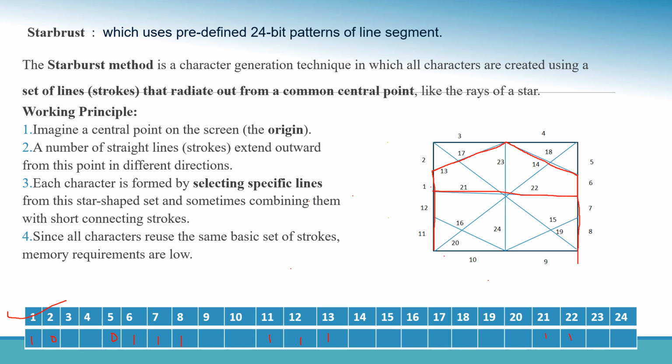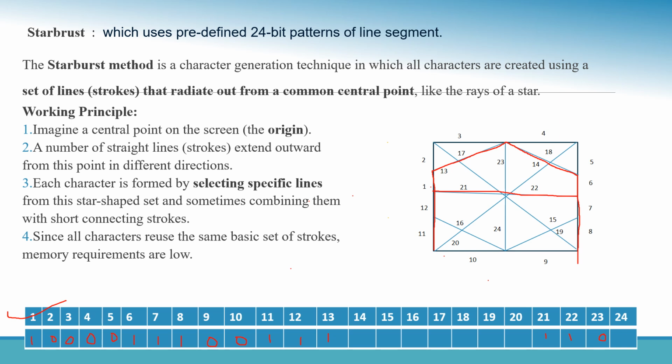So we put 1 for these, and the remaining lines should be 0, meaning their status is off. This is how we display the character A.